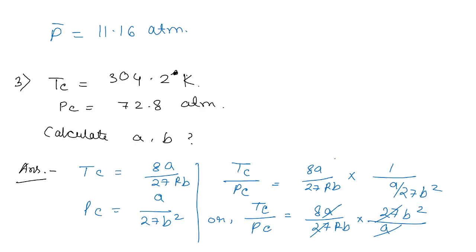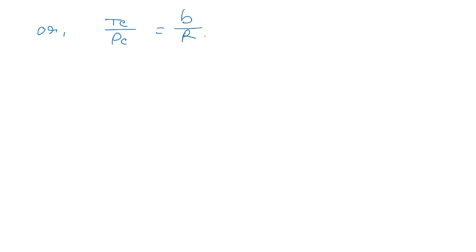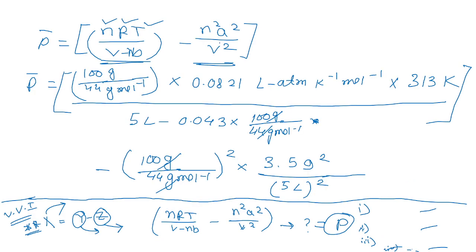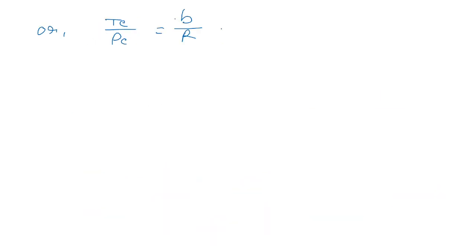Okay, B by R. B by R, right? Wait, I missed the 8. 8 B by R. So B value. Okay, we put in the values of TC and PC and other things, and we will get the value of B.